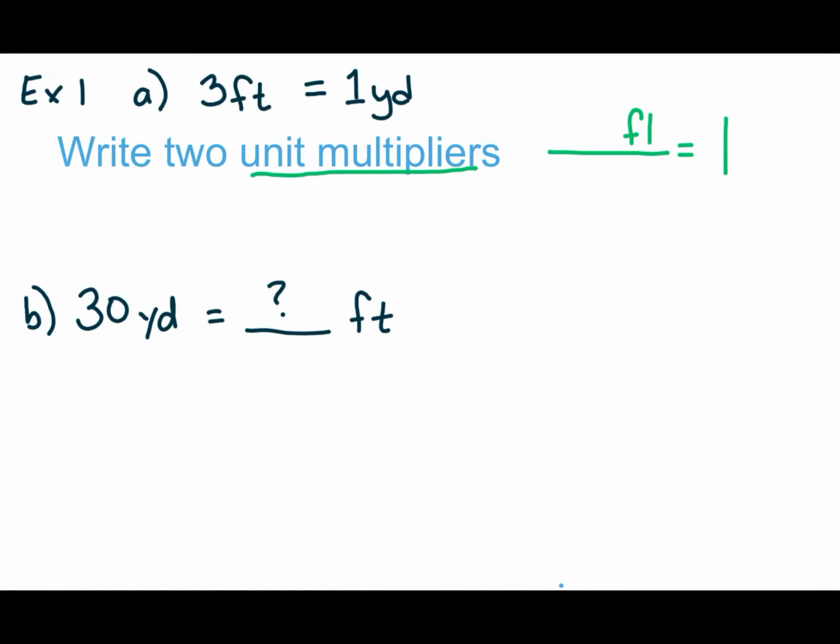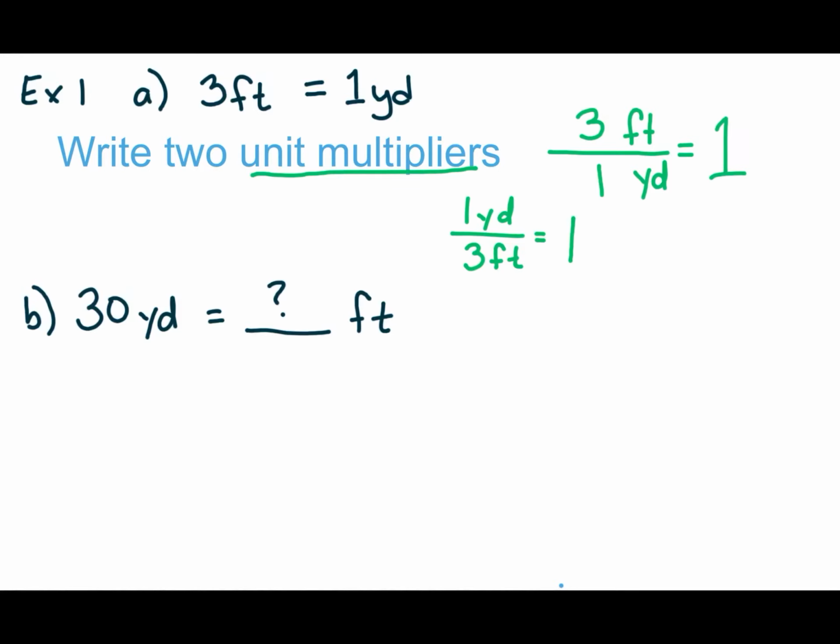So if I put feet here and I put yards here, I have two different units in the denominator and in the numerator, and they have to be equal. Well, 3 feet is equal to 1 yard, and so this unit multiplier is equal to 1. I could switch those and put 1 yard over 3 feet, and that would also be equal to 1. So I have two unit multipliers equal to 1 using 3 feet and 1 yard.